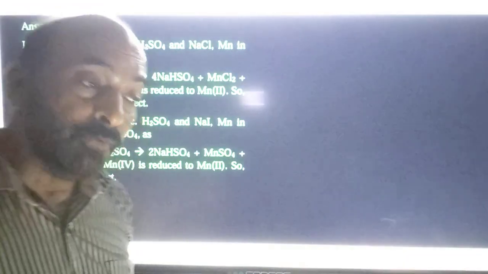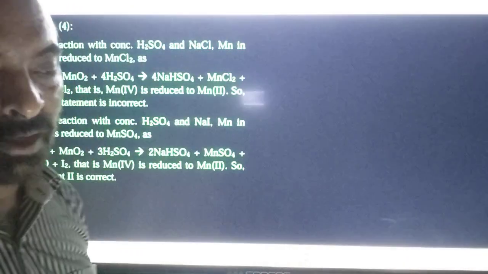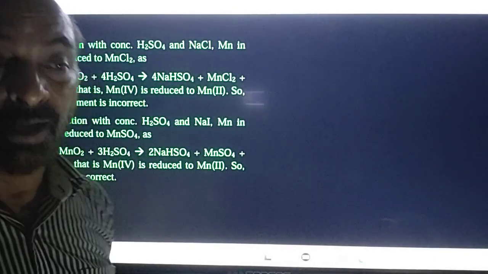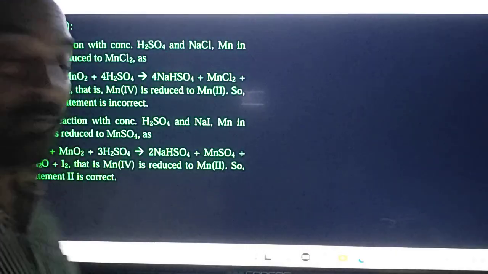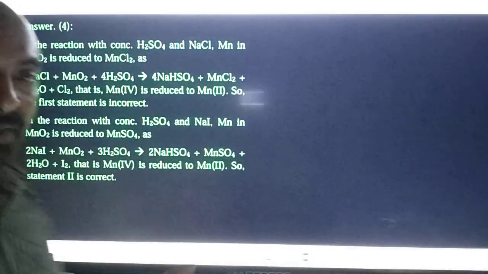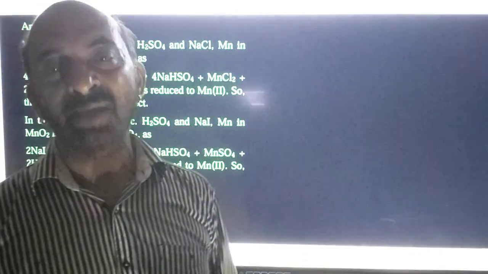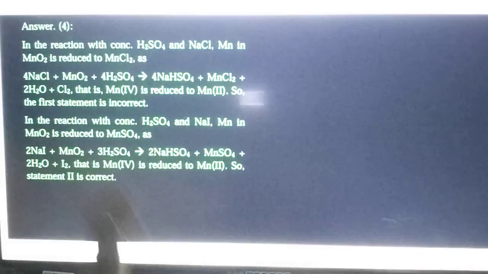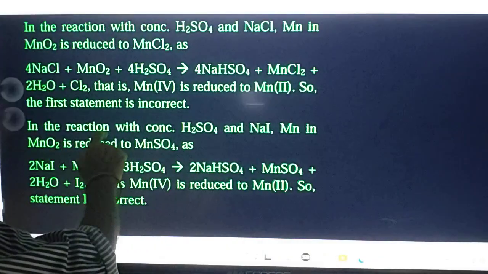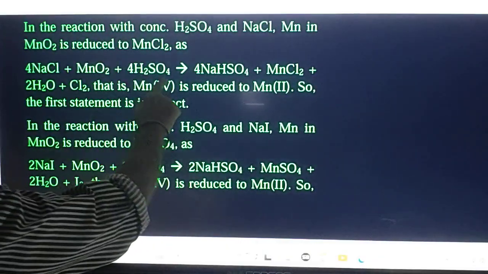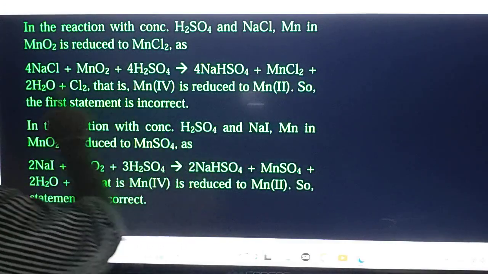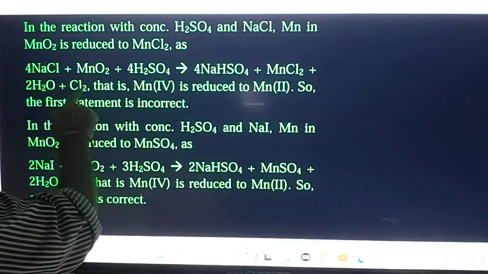Similarly, if you heat manganese dioxide with sulfuric acid and sodium iodide, violet vapors of iodine will be evolved. That's a method to generate chlorine gas as well as iodine gas. Look here, you have to learn these by heart: 4 NaCl plus MnO2 plus 4 H2SO4 giving 4 NaHSO4 plus MnCl2 plus 2 H2O plus Cl2.